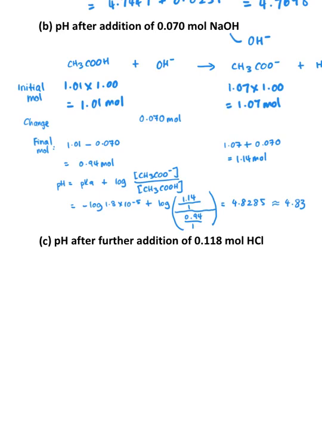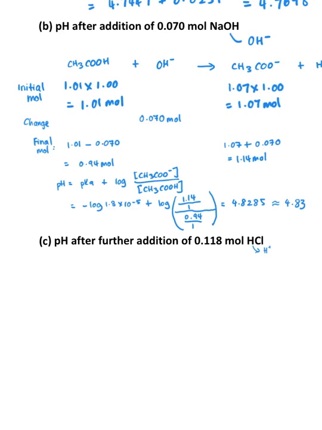Now in part C, you have a further addition of HCl to this buffer solution. So when you add HCl, HCl is going to completely dissociate to give you H plus and Cl minus. Okay, and so H plus, which is an acid, will react with the base that is in the solution. So between acetic acid and the acetate ion, the base would be acetate ion.